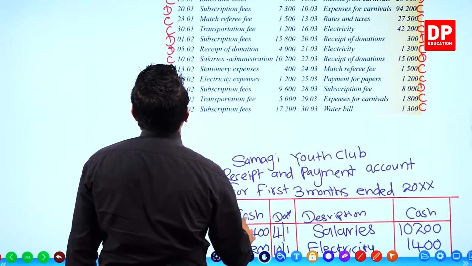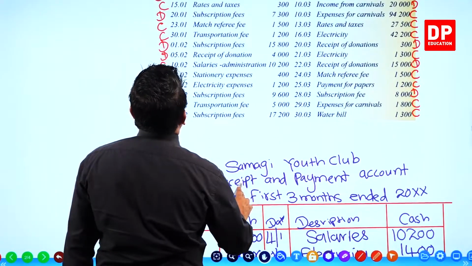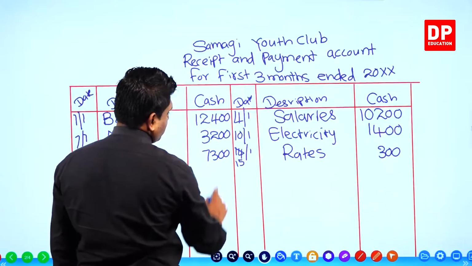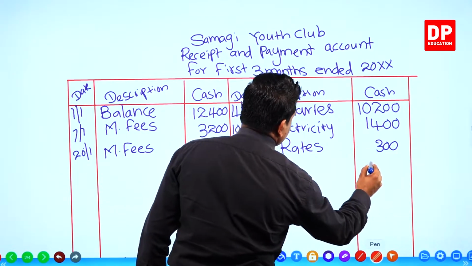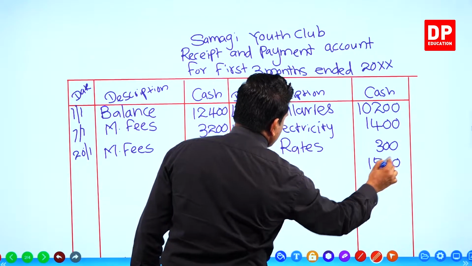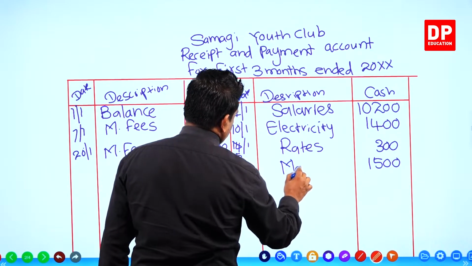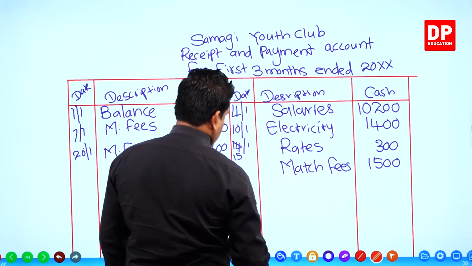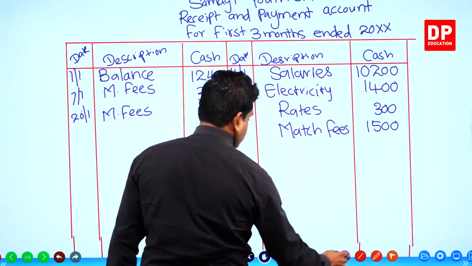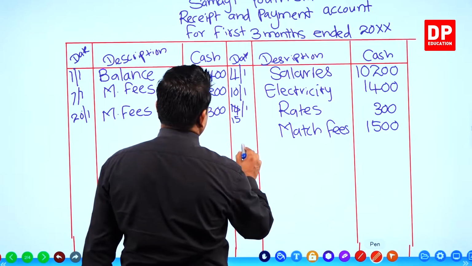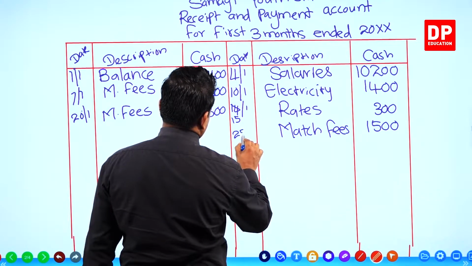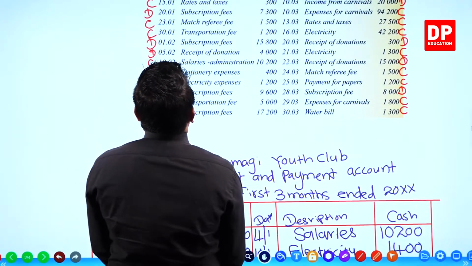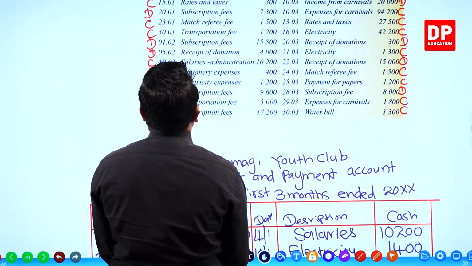Next, 123 match referee fee 1,005. It's 123, 1,005, right? 123, you change there.